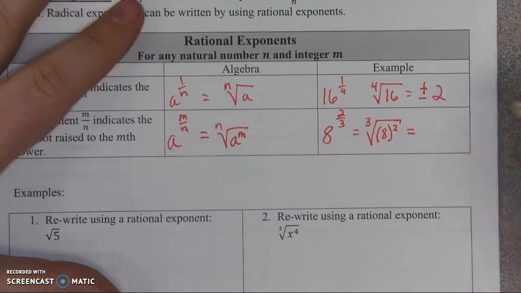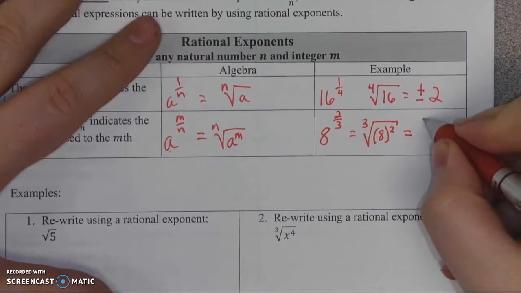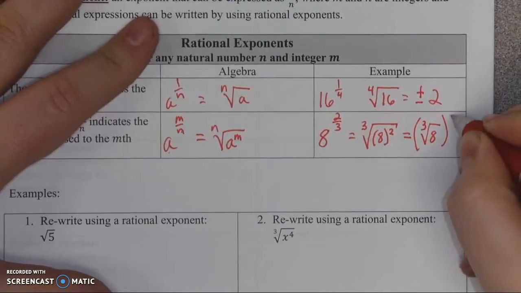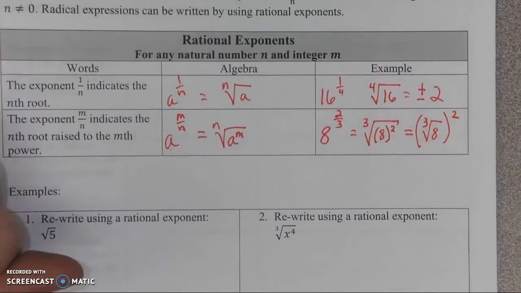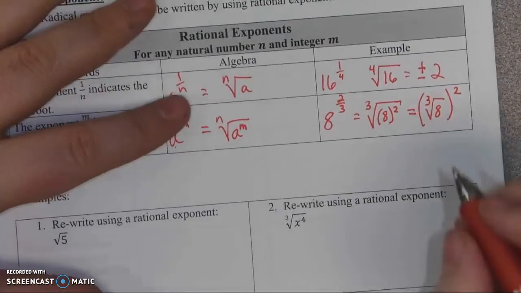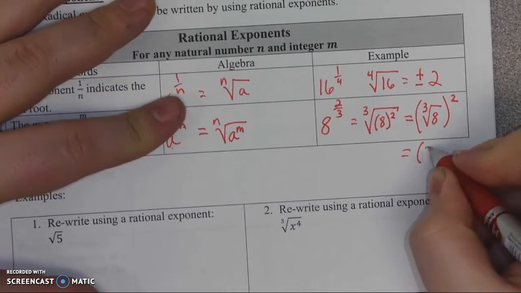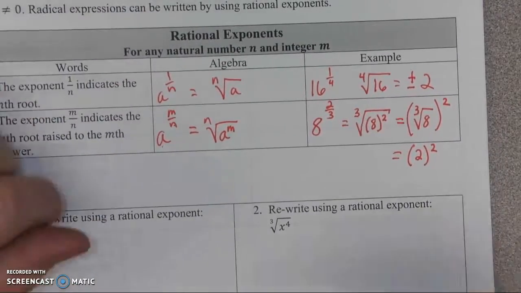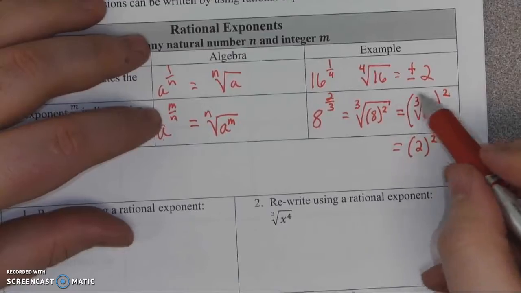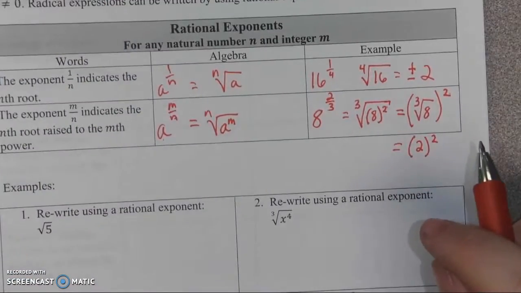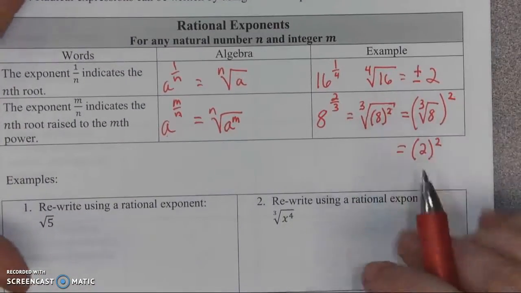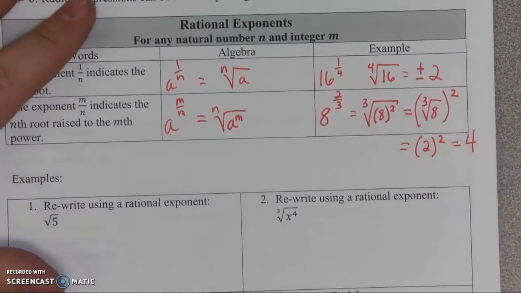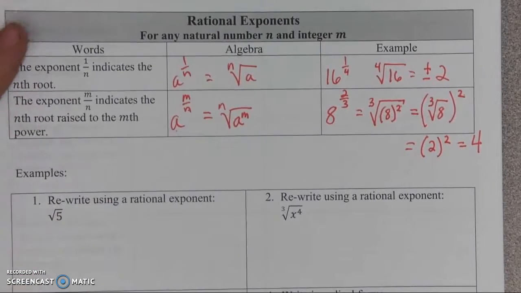We can rewrite this as the cube root of 8, squared. The cube root of 8, we know that to be 2, squared. Because the squared comes from inside, we just moved it outside. This is perfectly fine, and it's an equivalent expression. So 2 to the power of 2 is 4, so that would be my answer. 8 to the 2/3 would be 4.